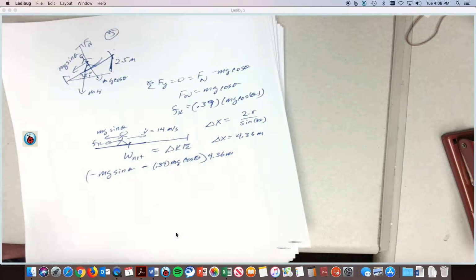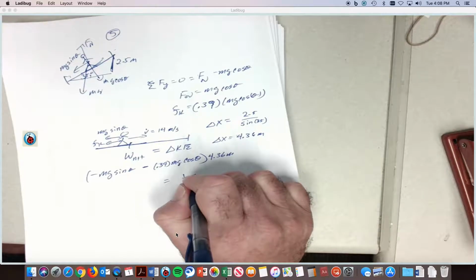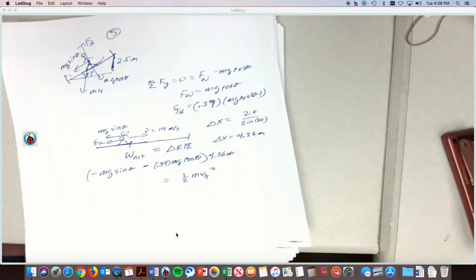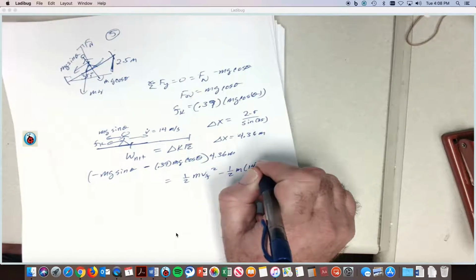That looks like a negative number to me, is equal to 1/2 m v final squared minus 1/2 m times 14 squared.